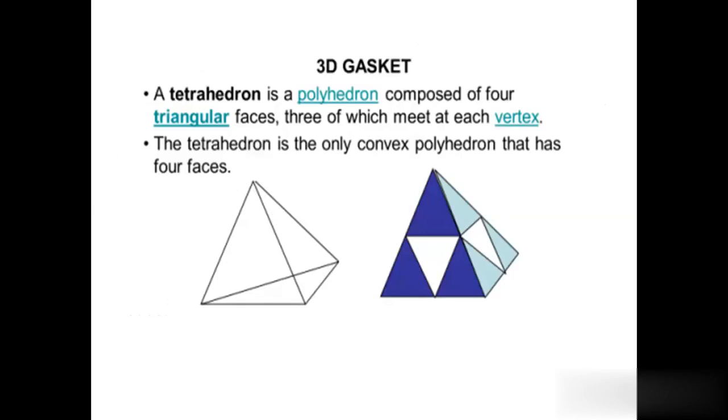Let's talk about the 3D gasket or tetrahedron. A tetrahedron is a polyhedron composed of 4 triangular faces, 3 of which meet at each vertex. The tetrahedron is the only convex polyhedron that has 4 faces.